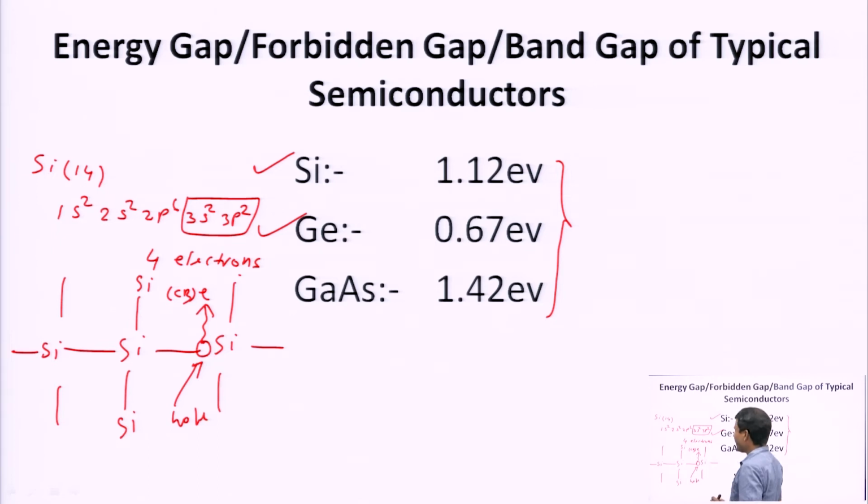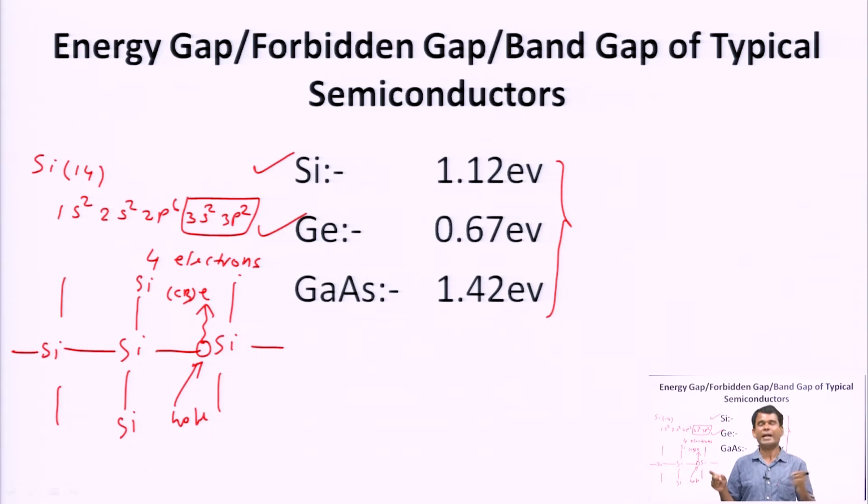This means when a covalent bond breaks, then one hole and one electron are generated, and this electron hole pair is known as a thermally generated electron hole pair.